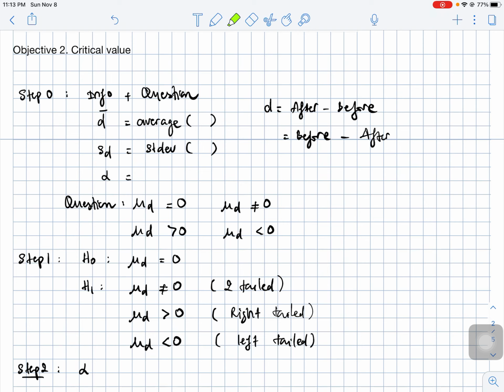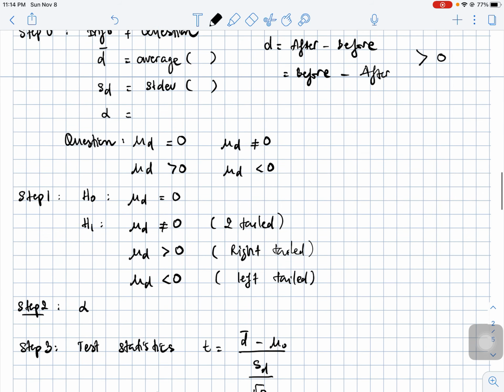Which one to choose depends on the question, and based on the question, we will decide whether d is after minus before or before minus after. But keep in mind that we always like to have the difference positive. So we need to choose it in such a way that we get more positive numbers in the difference.